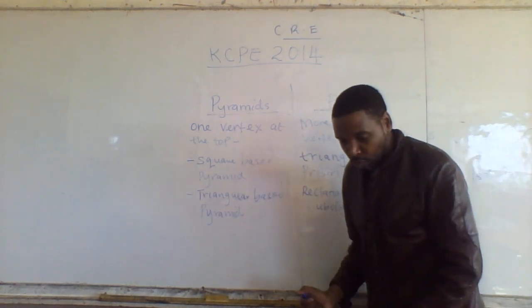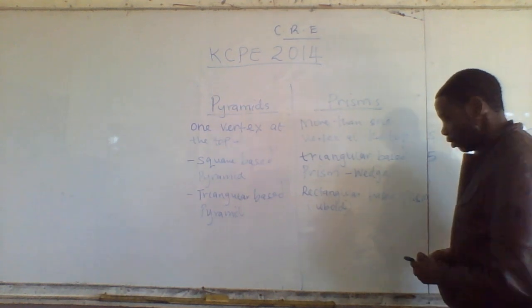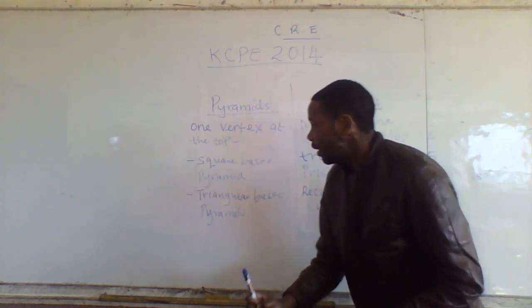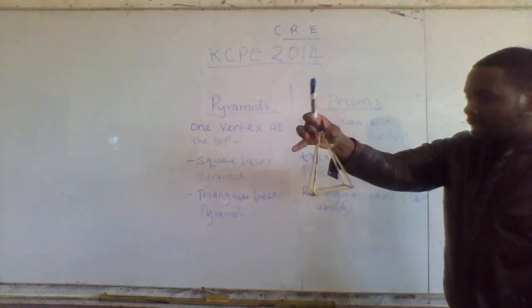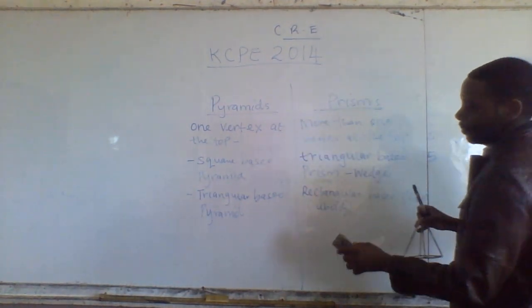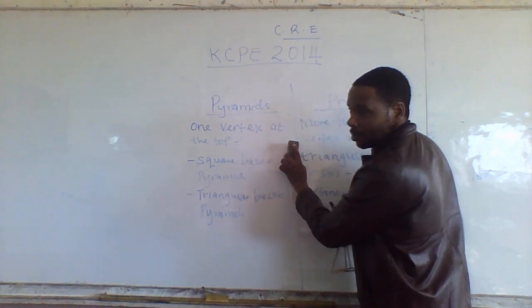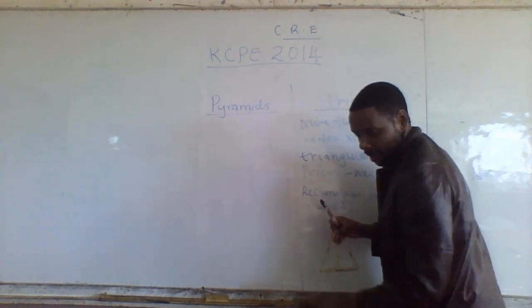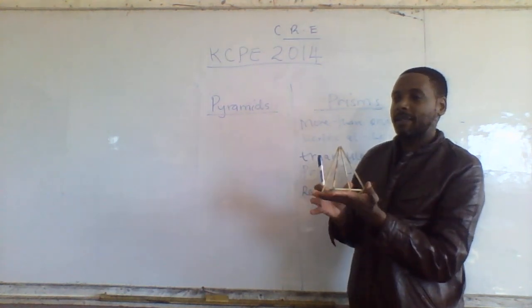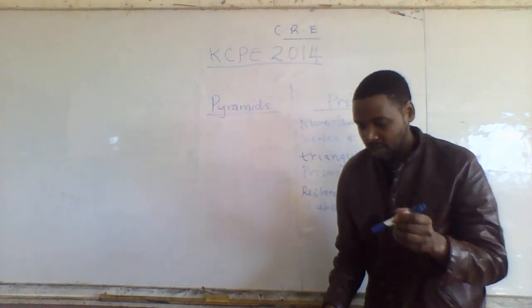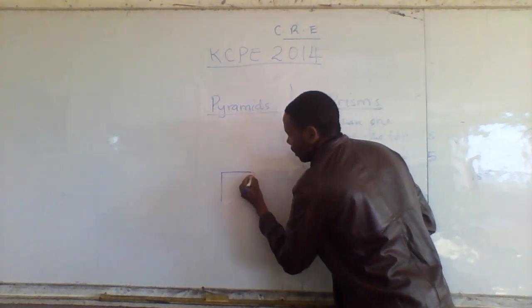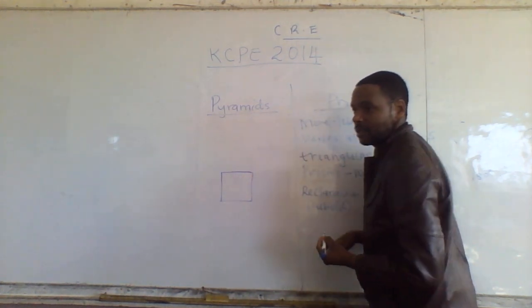It comes to how to draw them. If I want to draw, for example, this pyramid I'm holding here, I just need to draw its base. Its base is this, isn't it?